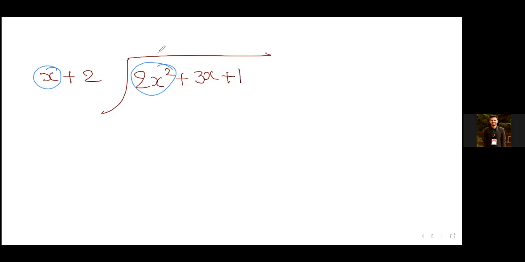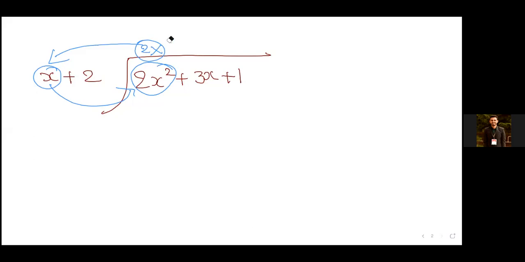We need to multiply something with this term so that we get this term. So what is the term that we need to multiply to this term? Which term we can choose? 2x. Yes, exactly. It is 2x.